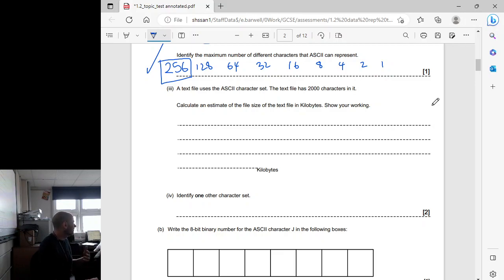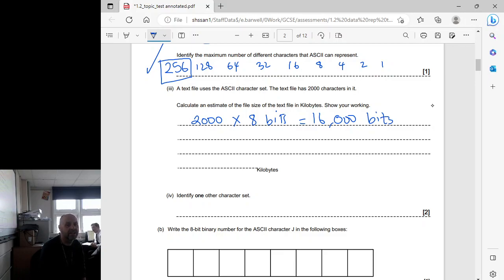Don't use 1,024. Use 1,000 because you can easily estimate then. So we've got 2,000 characters, and we've got 8 bits each, so that gives us 16,000 bits.